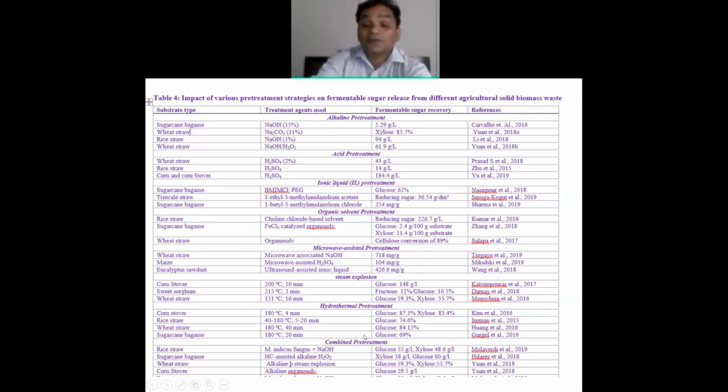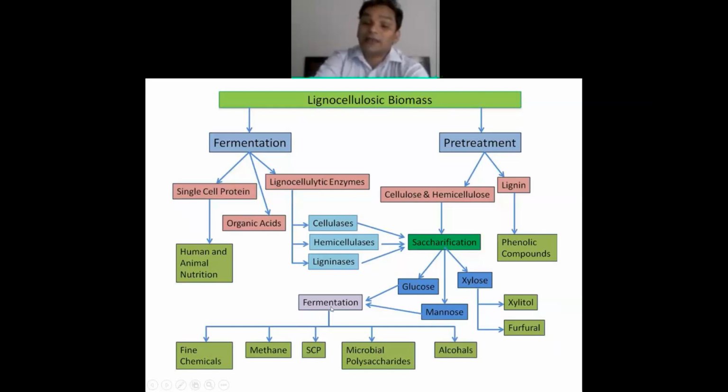Out of those physical methods, the chemical pre-treatment method is very challenging in terms of inhibitor generation. It will no doubt release the sugar molecule at a very large rate, but at the same time it will release the inhibitor molecule into the process, which ultimately will go to the fermentation level, and when fermentation is conducted, those inhibitors will stop the microbial system from producing ethanol.